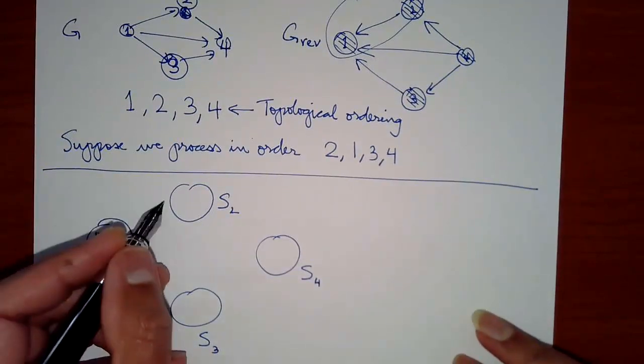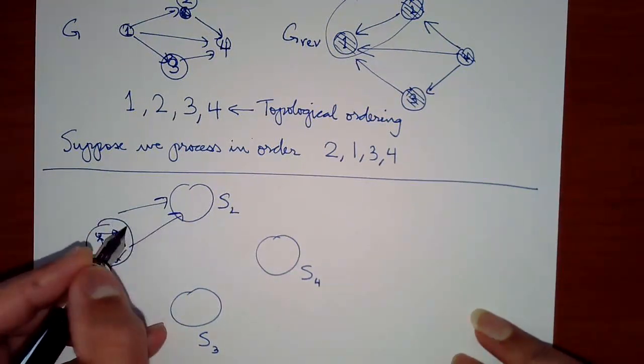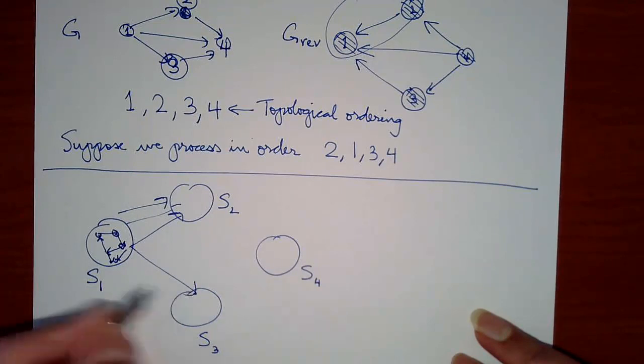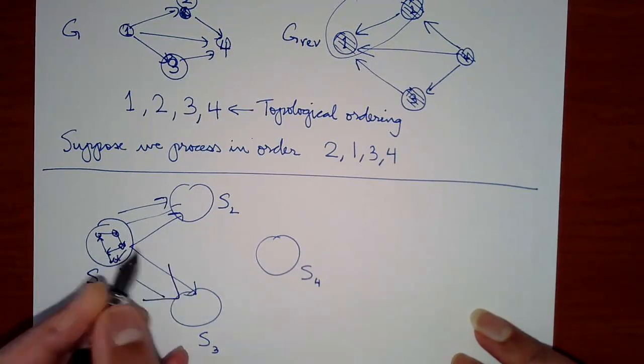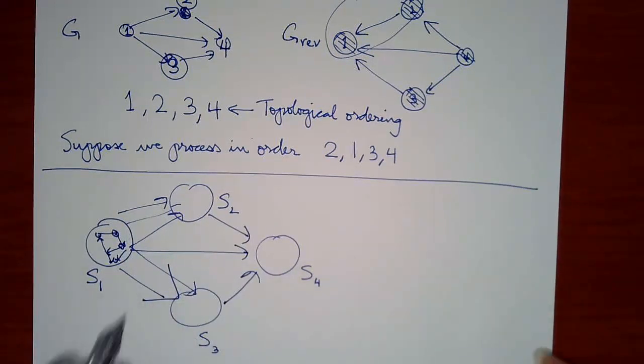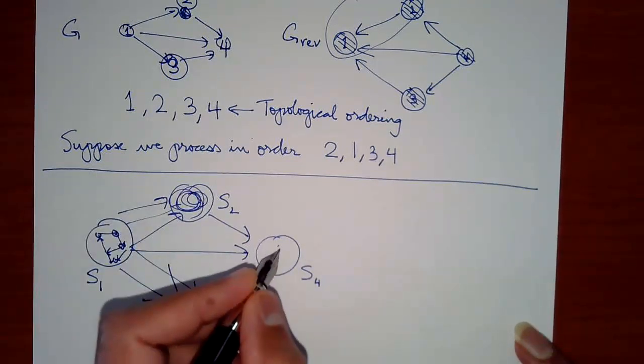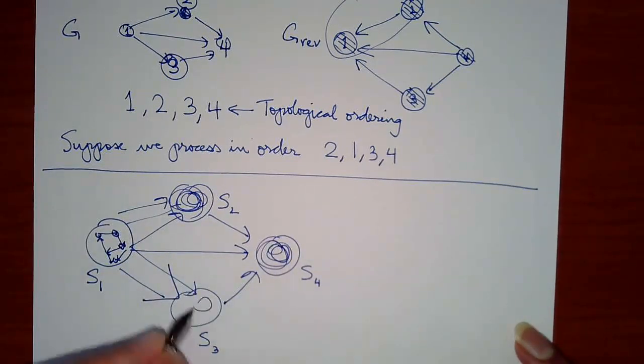Now there could be multiple edges that go from here to here, some edges that go from there to there, multiple edges going between these. Within each of these is a strongly connected component.